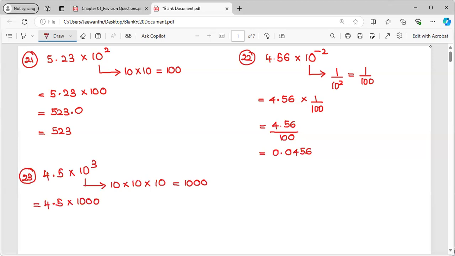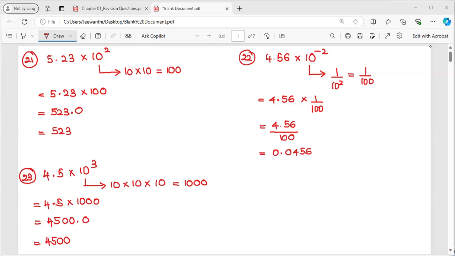But we have only 1 digit after the decimal point. So we use our own imaginary zeros and make the movement: the 4, then 1, 2, 3, and the decimal point is here now. You can conclude the answer as 4,500. That is the reason I gave you this question.